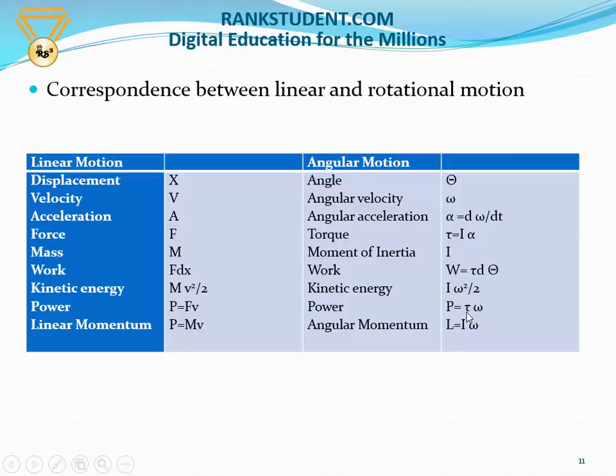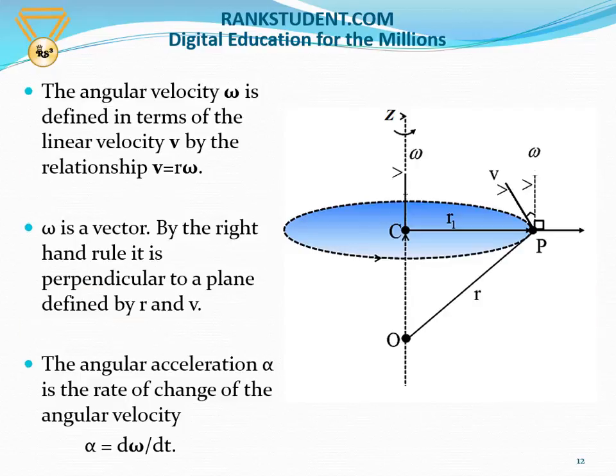Tau here is the torque. You should be familiar with this terminology, master it. The mastery of the terminology will enable you to tackle specific problems in angular motion, just as the mastery of the terminology in linear motion will help you tackle specific problems in linear motion.